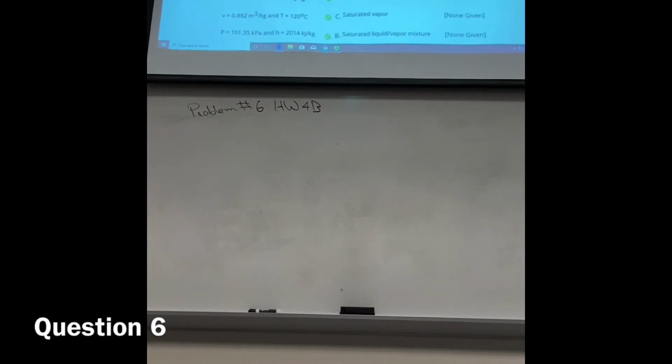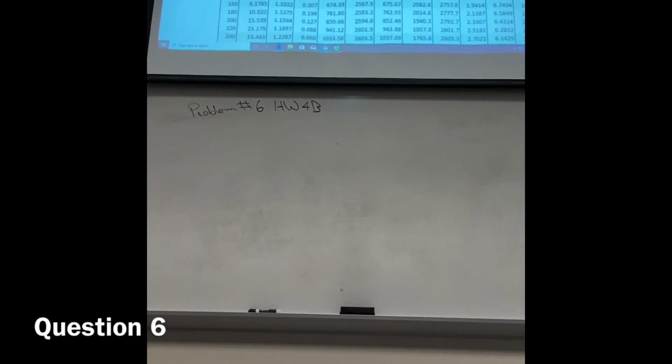All right, now we look at specific volume of 0.892 and 120. So I'm going to go to 120, and 0.892, and these are VF and VG. Now remember, this number's been multiplied by 1,000.